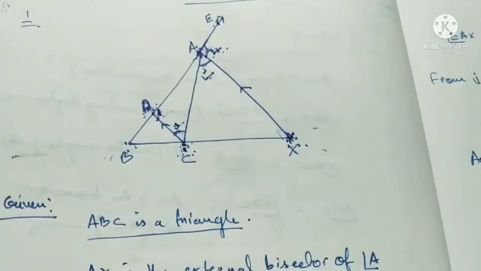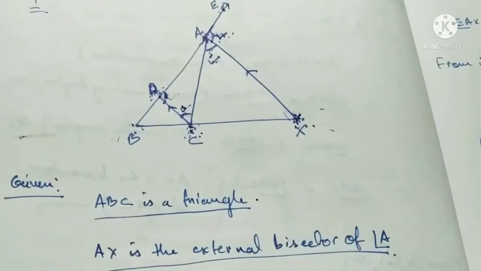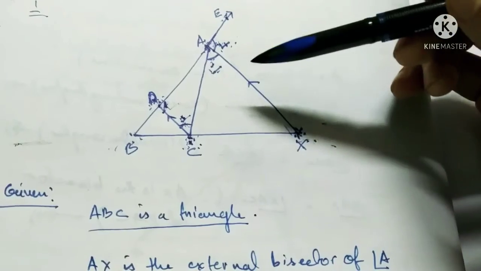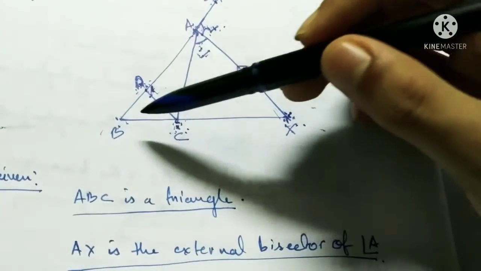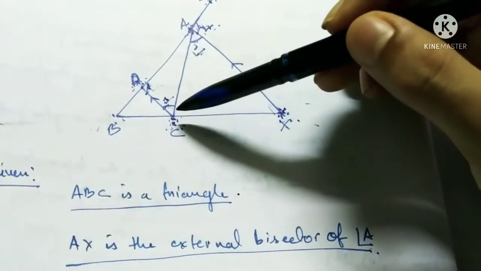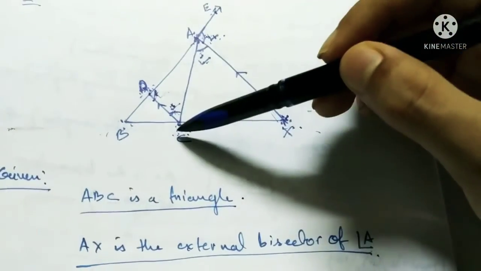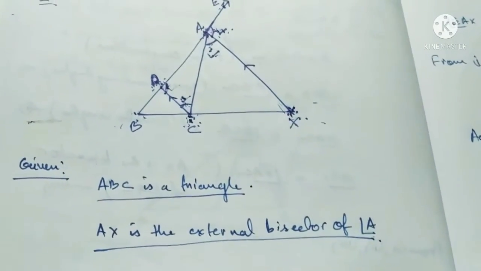Okay, so that one I will have to prove. Or AB by AC is equal to BX by CX, whatever you do.